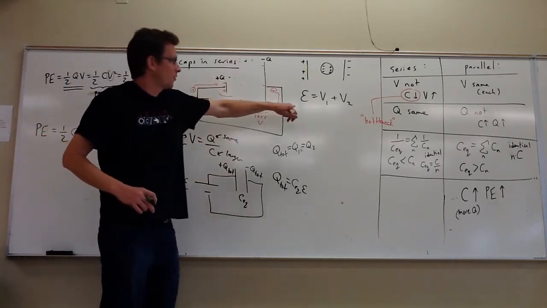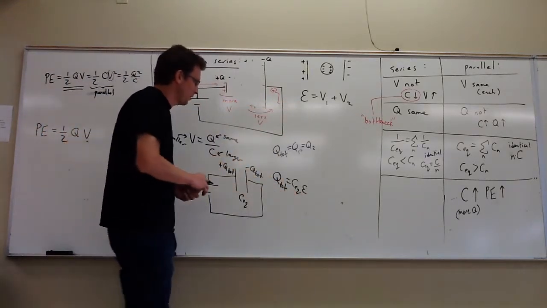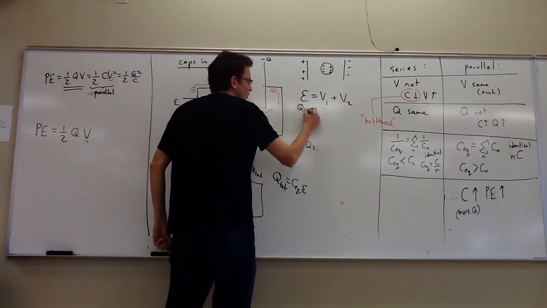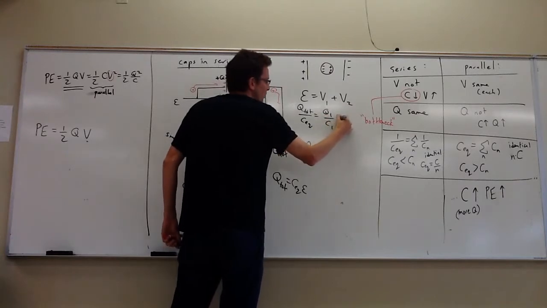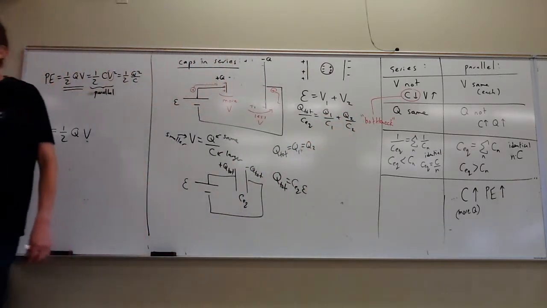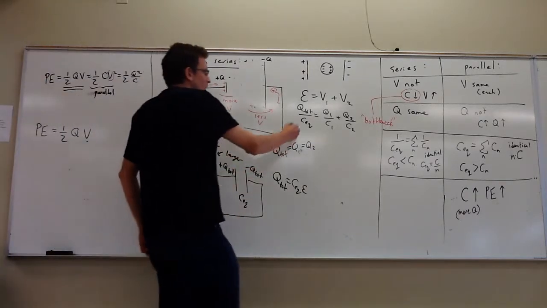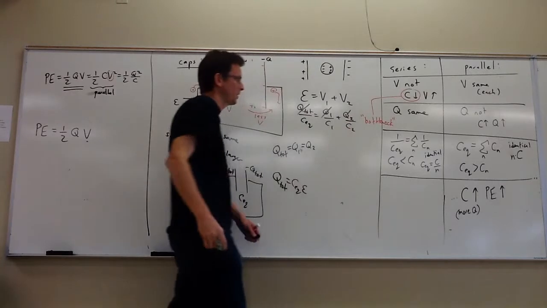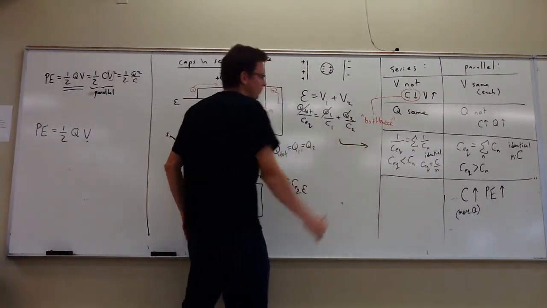I'll plug in that the EMF is Q total over C equivalent, and here I'll plug it in for the individual capacitors. Then I cancel the Q's because they all separate the same amount of charge. And what do I get? I get my 1 over rule.